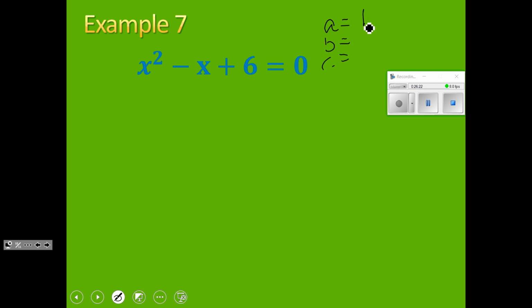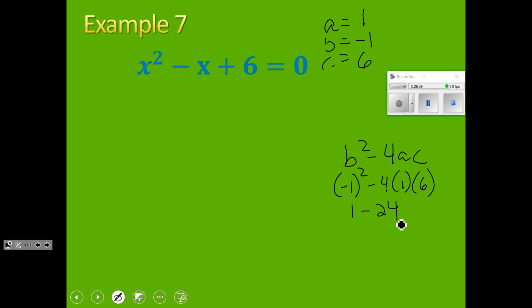So a is 1, b is negative 1, and c is 6. So b squared minus 4ac, negative 1 squared minus 4 times 1 times 6. So 1 minus 24 is going to end up being negative 23. So again, here's another imaginary.